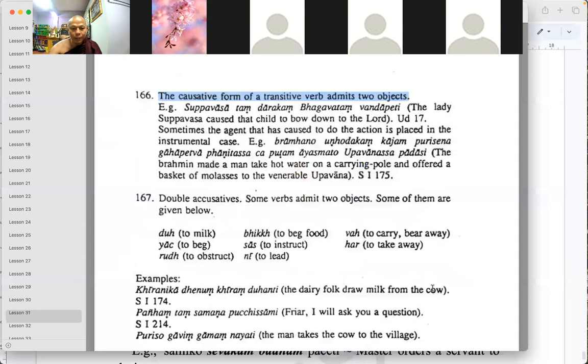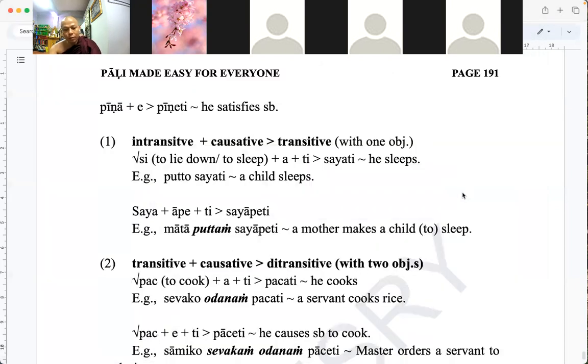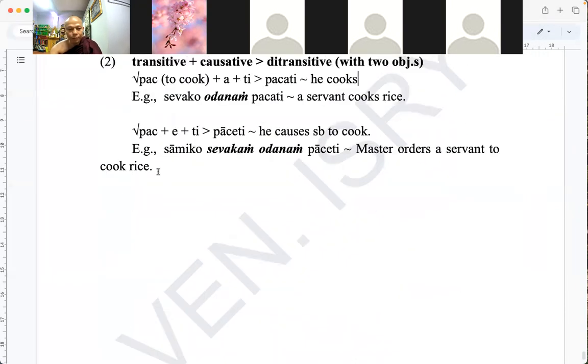So that is here in the example. Soba wasa dan darakan bagawandan wanda biti. Okay, wanda biti. So actually wanda biti. So the root is one.